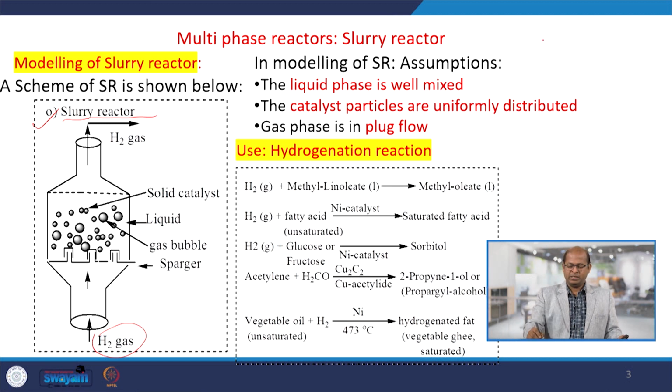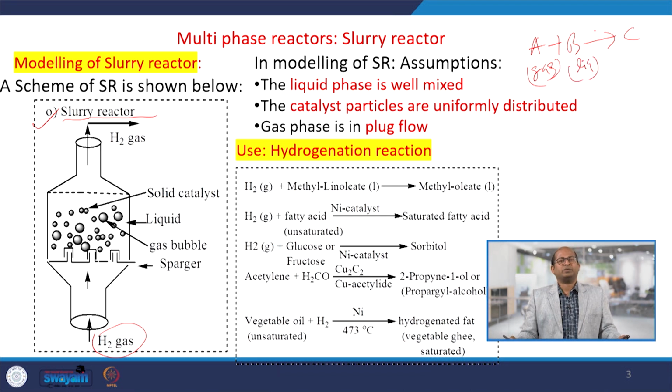Basically component A plus B goes to another component. Component A is the gas and B is the liquid, and if we take any solid material, that is the catalyst. So, three components are there: gas, liquid and solid.